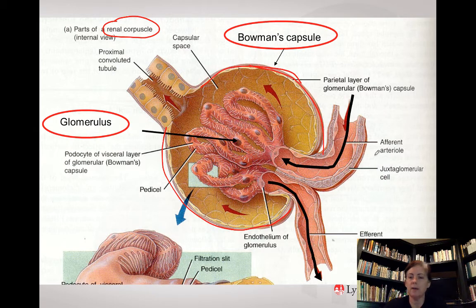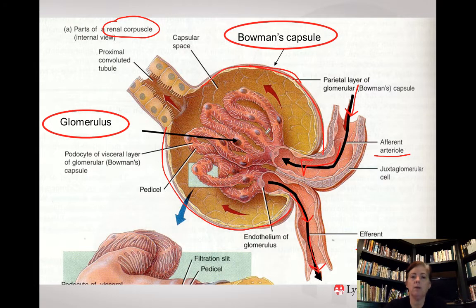Here's my afferent arteriole, which is bringing blood into the glomerulus. Here's my efferent arteriole that's leading blood away from the glomerulus.